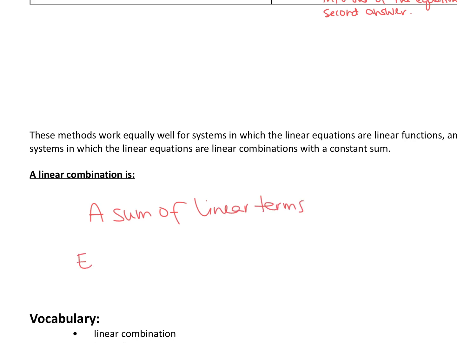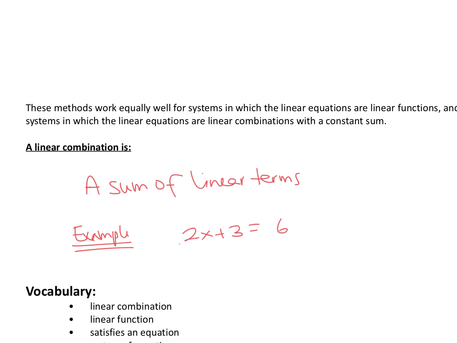Here's an example: we have 2x plus 3y equals 6. Here's our sum of linear terms, and here's the total that they sum to, and this whole thing is considered a linear combination.